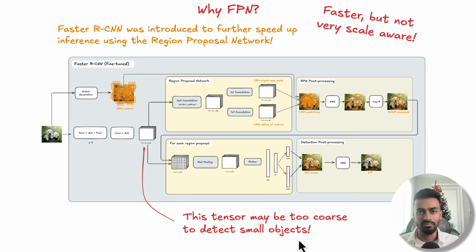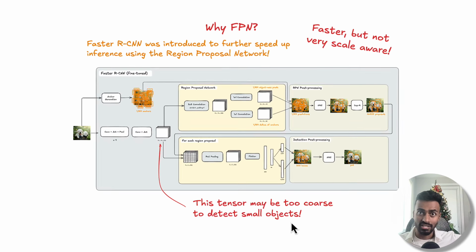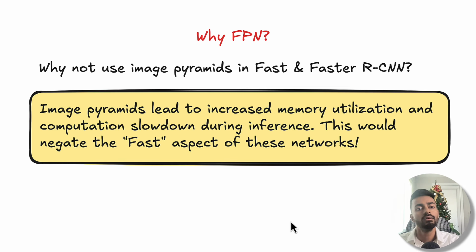So how do we really solve these problems that we see with Fast and Faster R-CNNs with scale variations? Well, one thing we could think of is using image pyramids. But the problem with using image pyramids is that it leads to increased memory utilization and also computation slowdown during inference. And this would negate the fast and faster aspect of these networks.